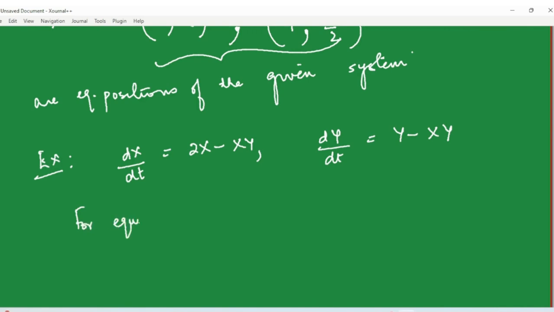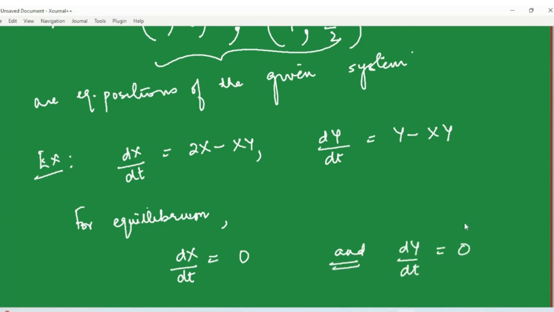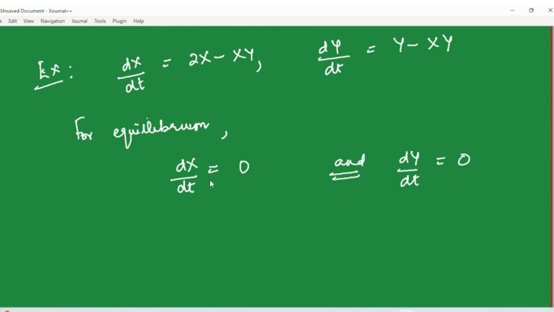The definition of equilibrium in itself says that the points correspond to 0 rate of change. So for equilibrium, your rates dx by dt and dy by dt both should be 0. Now let's see what the options are. Since dx by dt equal to 0, that means 2x minus xy is 0, and y minus xy should be 0.